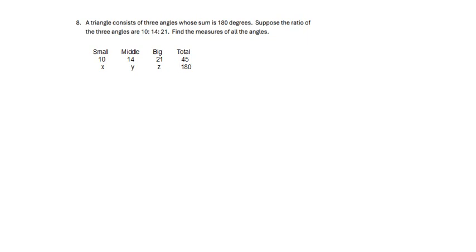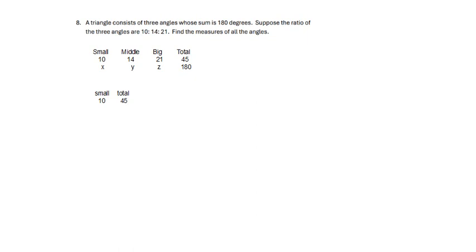All right. So the trick to this is to cross multiply three different times. Once for small, once for middle, and once for big. Okay. Let's take a look. We'll start with small. So we got small and total. Small is 10, total is 45.